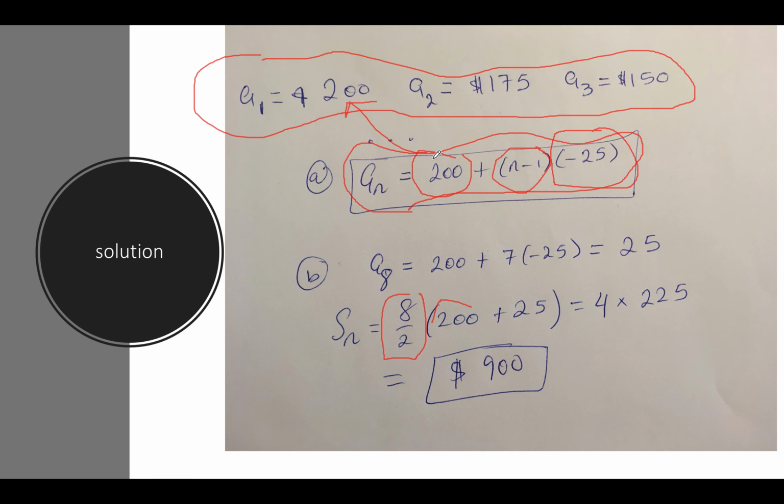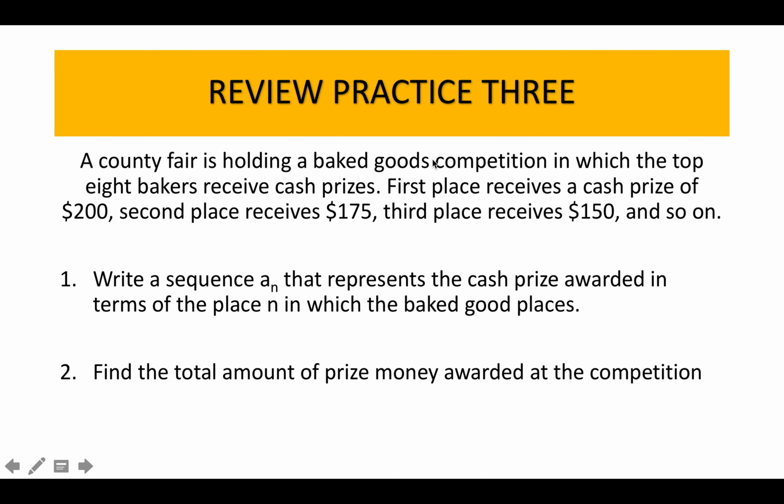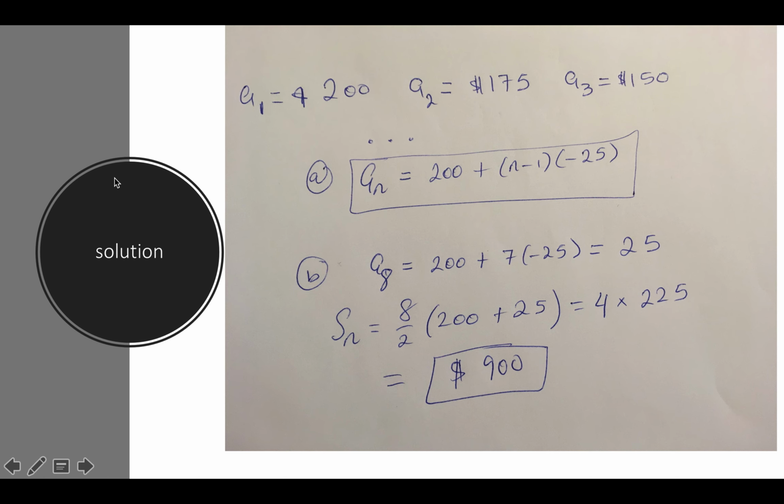Obviously, it's a cash prize. If you don't want to do it my gruesome way, read the problem. It says 8 bakers received the cash prize. So right away I knew there were 8. That's an easy way to do that. So the total elements is 8.